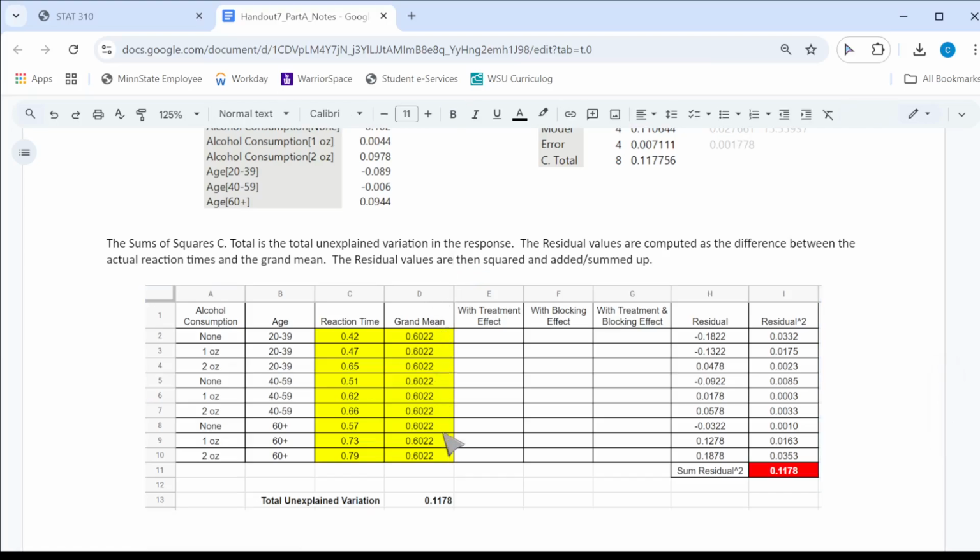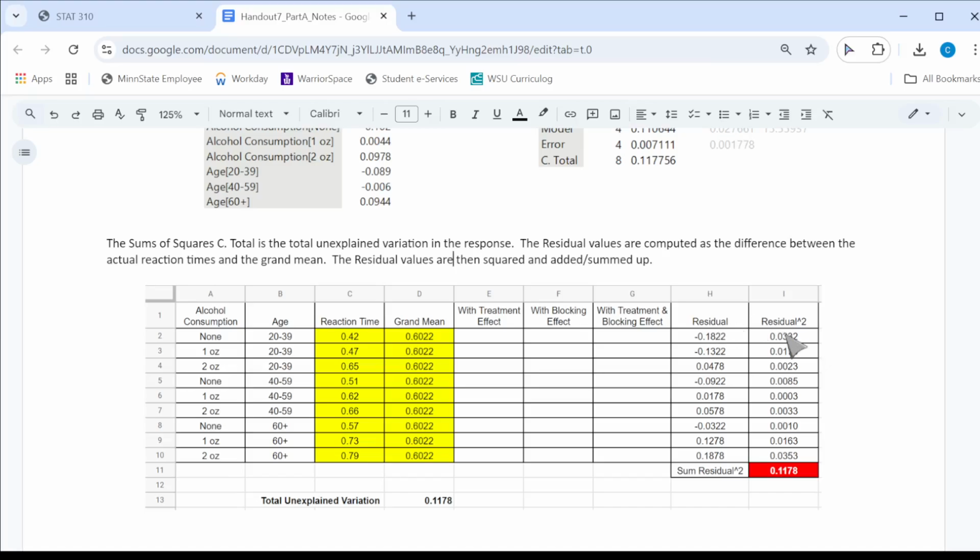Again, column D here was obtained if I have no regard to what is the alcohol consumption level and what is the age level. Just give me the overall mean, which is 0.6022. And then I'm going to look at how much error there is from this point away from the grand mean, which is about 18, it looks like. It's negative because the reaction time is lower than the average. This one here is going to be about 5 because the reaction time is a little bit higher than the average. I'm going to get these errors or these residuals.